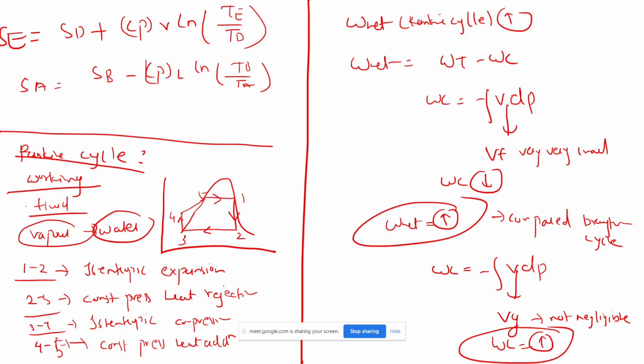When we operate in the superheated region, it is not necessary that point 2 will always be in the wet region. It can be on this line also, it can be in the superheated region also. That will depend upon the kind of steam which is entering into the turbine.